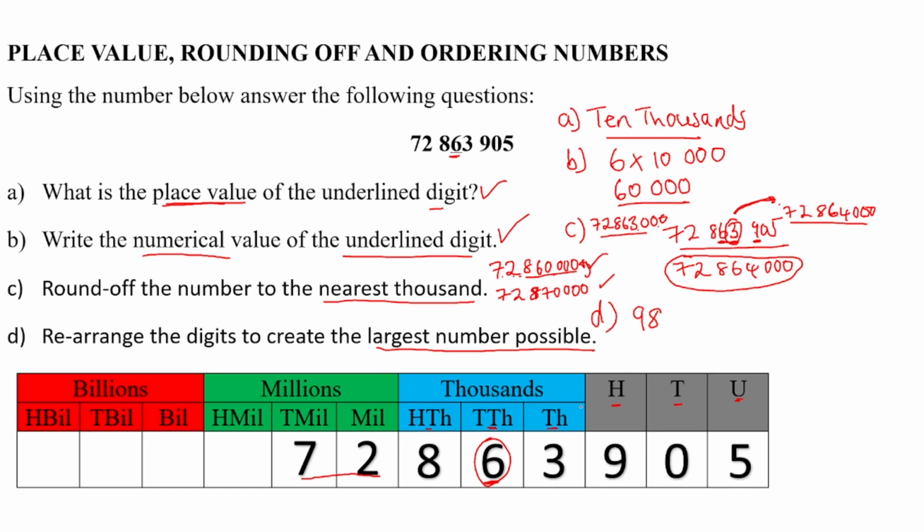That is 98 million. Then we go to the thousands. After 8, we have 7. After 7, we have 6. And then we have 5. So you have 98,765,000. And then after 5, we have 3. And then 2. And then 0. If you arrange these digits in a descending order, you will get the largest number possible.